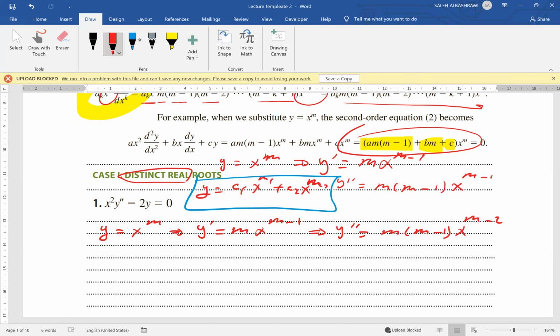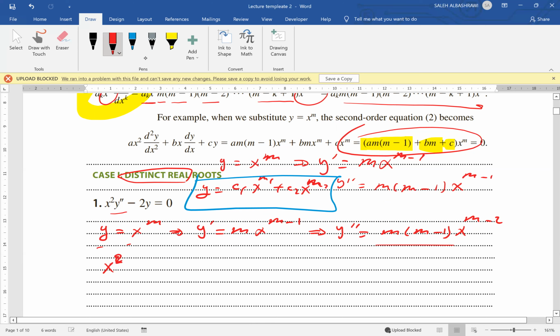Now substitute the second derivative and y by x to power m in the equation. I will have x squared multiplied by the second derivative, which is m times m minus 1 times x to power m minus 2, minus 2y, which is x to power m, equal to 0.